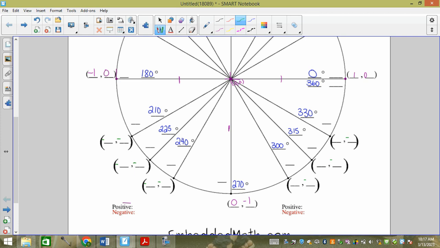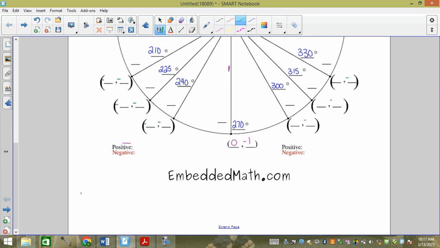At 45s, we were taught last year that your triangle side lengths across from the same angle are actually the same. So if you looked at a 45-degree triangle, 45, 45, 90, the side length across from here is going to be the same as the side length across from there.